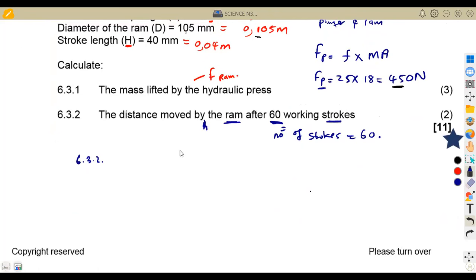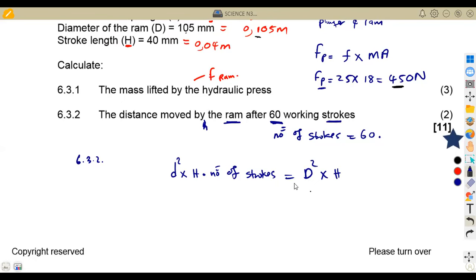So we're going to have our volume as the area, that is d squared times h, times the number of pumping strokes. So we're going to multiply by the number of strokes, that is the working strokes or pumping strokes.